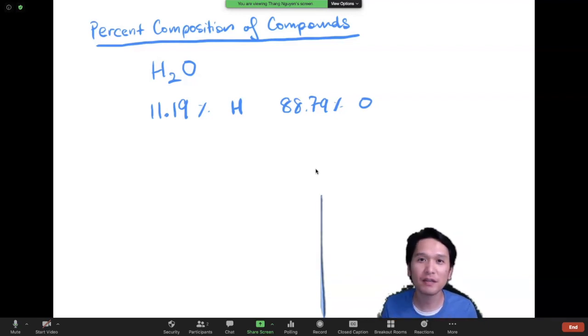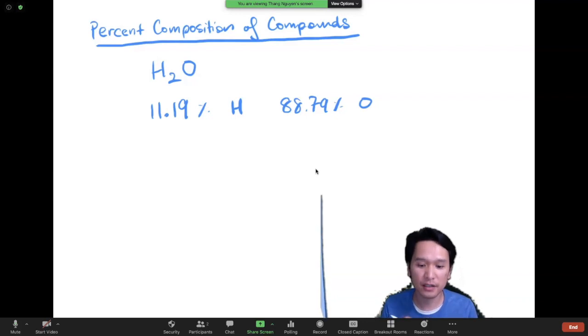So this is a useful number when we go to a technique called elemental analysis, wherein you take a sample and you analyze what is the mass percent of the individual atoms in that sample. And then from there, if it's an unknown sample, you can determine the identity of that substance. So let's go back to percent compositions.